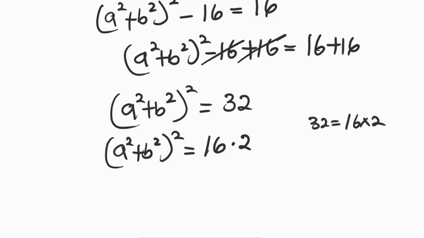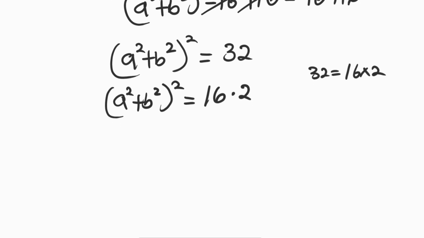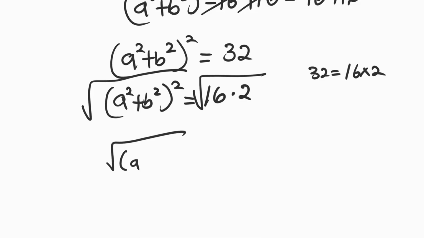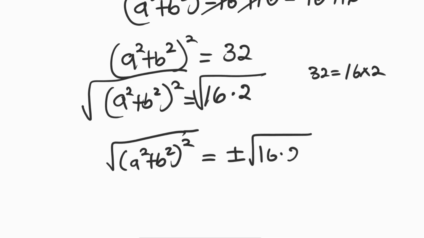Now, to find a plus b, we need to first of all get rid of the square power that we have after the brackets. So to do that, we'll put square roots on both sides, and what we have now becomes the root of a squared plus b squared all squared equals plus or minus root of 16 times 2.